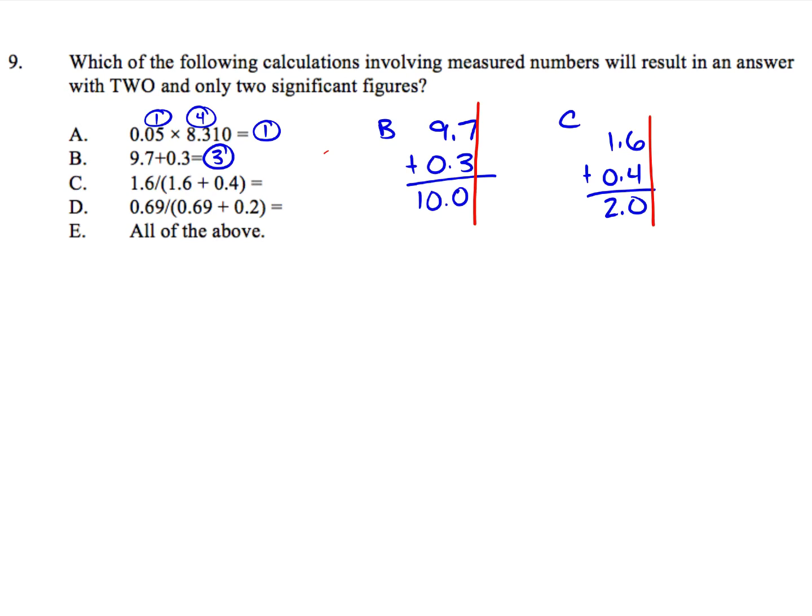So now let's do the division part of C. 1.6 divided by 2.0. It's a division problem. Each number contains 2 sig figs, so the answer should contain 2. So that's 1.6 divided by 2.0. You get 0.8, and it needs to have 2 sig figs, so 0.80. So 2, 2, and 2. So C does have 2 sig figs.